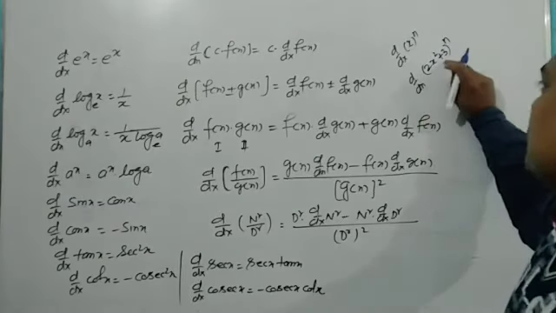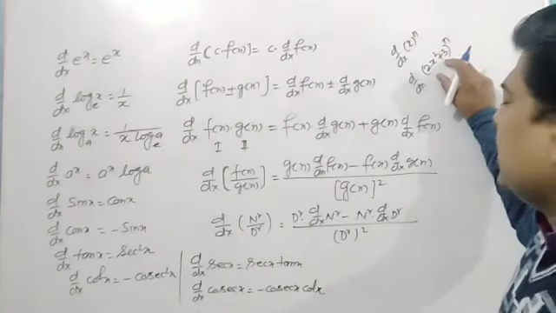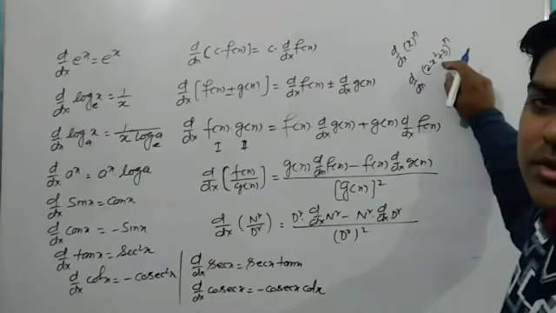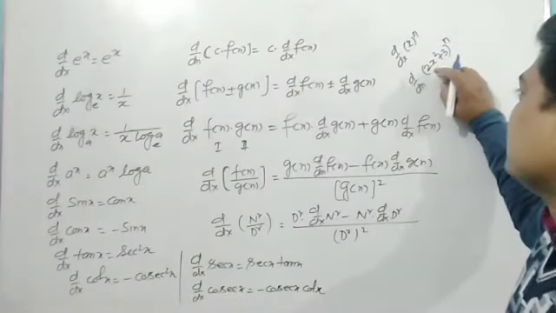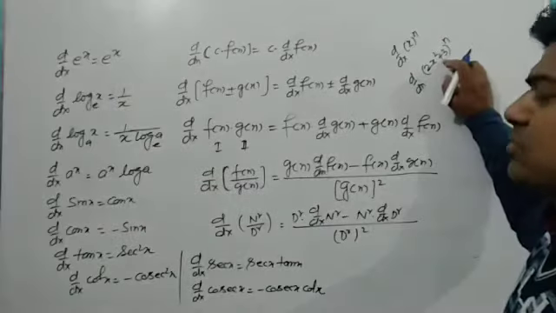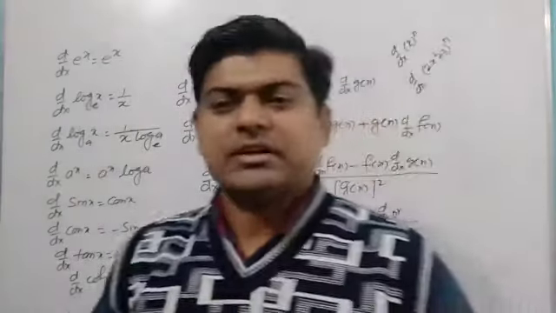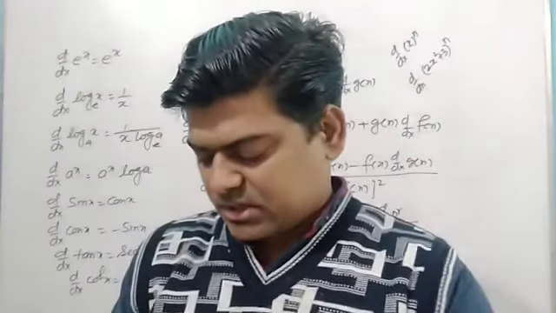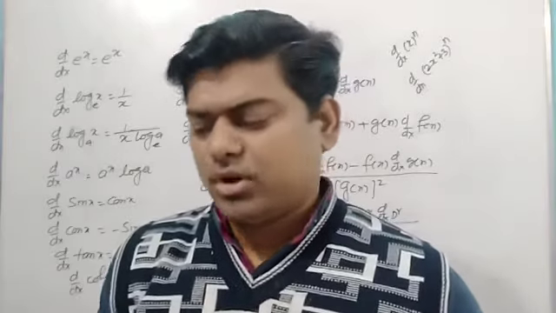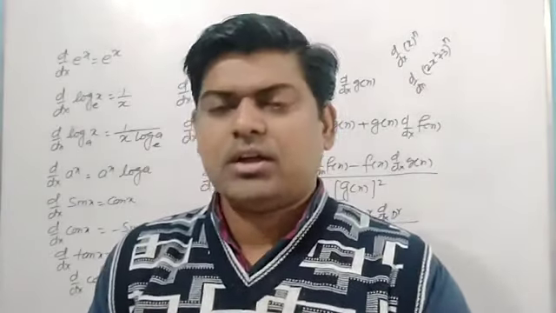Now here 2x square plus 3x is working as a variable, and that 2x square plus 3x is a function of x. So x to the power n is a function of 2x square plus 3x. So it is called the function of a function. That I'll discuss in the next class. As we have discussed so many formulas, today I am giving you one homework: to learn all these formulas.